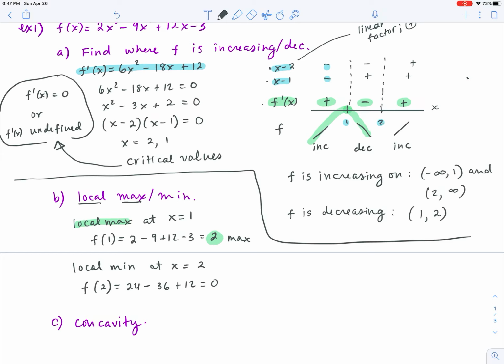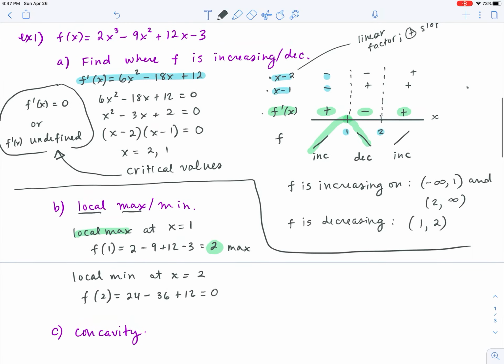My notes say that it is 1. Let's see, 2 times x cubed. I did 3 times 8 instead of 2 times 8. This should be 16. And then 16 minus 36 is negative 20. Plus 24 is 4. Minus 3. Wait, what am I looking at? 16. I forgot the minus 3. I did all kinds of weird things here.